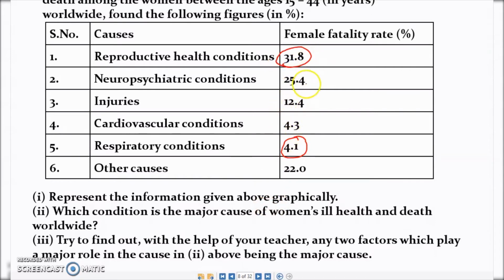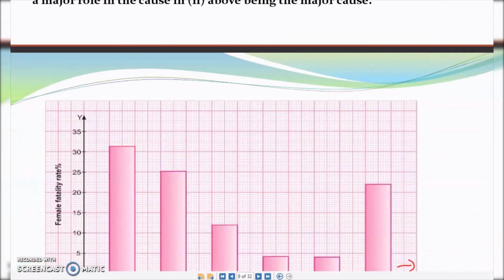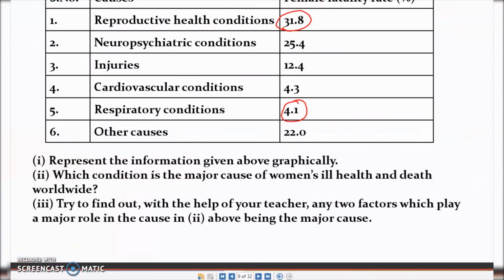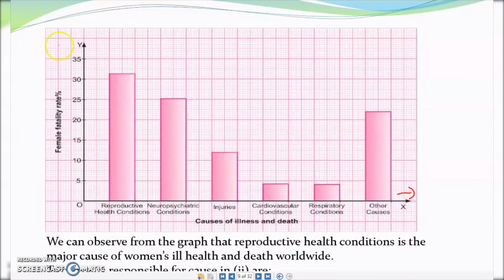So when you see the lowest and highest data, you can roughly make out what the scale should be. So it is taken in this way: 0, 5, 10, 15, 20, 25, 30 and 35. Now the first one is 31.8, so 31.8 will be approximately taken as 32. So this one is 31.8.